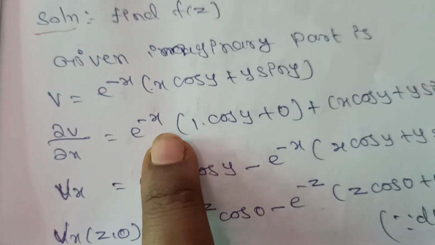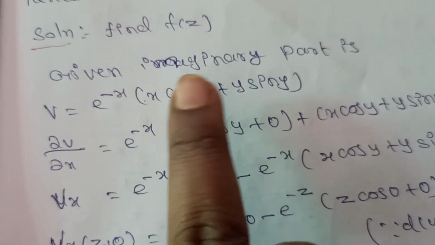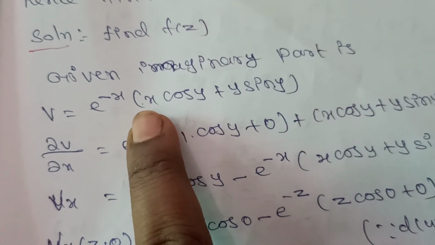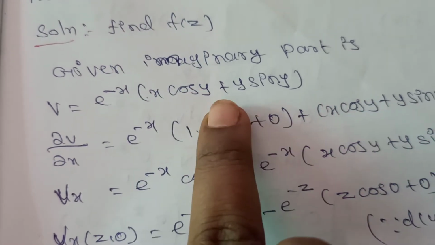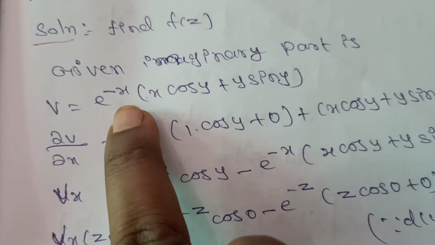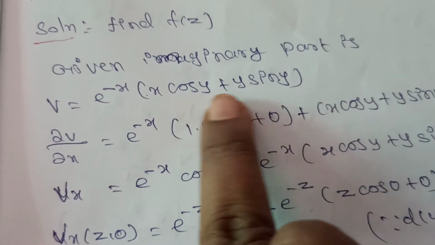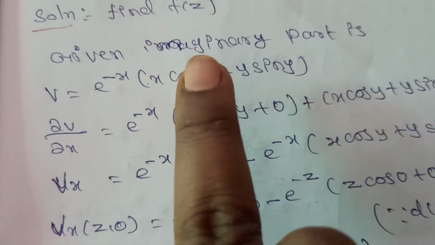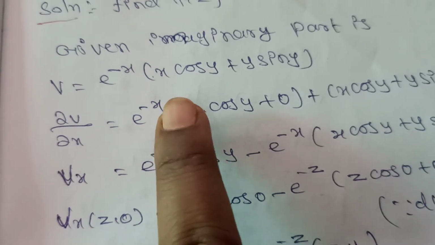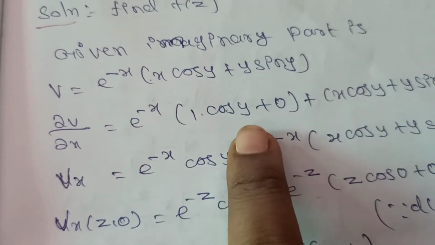Dou v by dou x is equal to, we have two functions here, so we use the differentiation of the product uv formula. Here consider u as e power of minus x and v as x cos y plus y sin y. So u v dash: e power of minus x into the differentiation of this value.